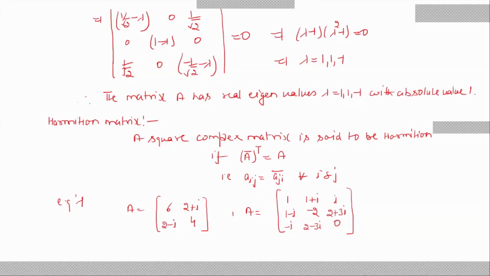So next is the Hermitian matrix. This Hermitian matrix is a generalization of the symmetric matrix from real to complex number system. If A is a square complex matrix, it is said to be Hermitian if A conjugate transpose is equal to A, that is, Aij is equal to conjugate of Aji.